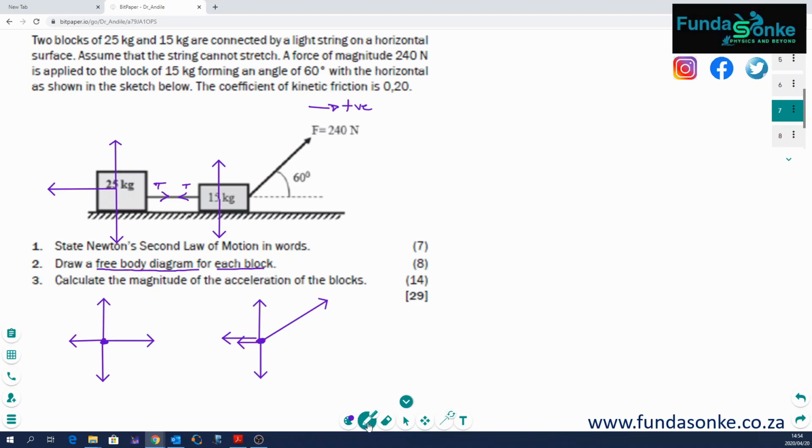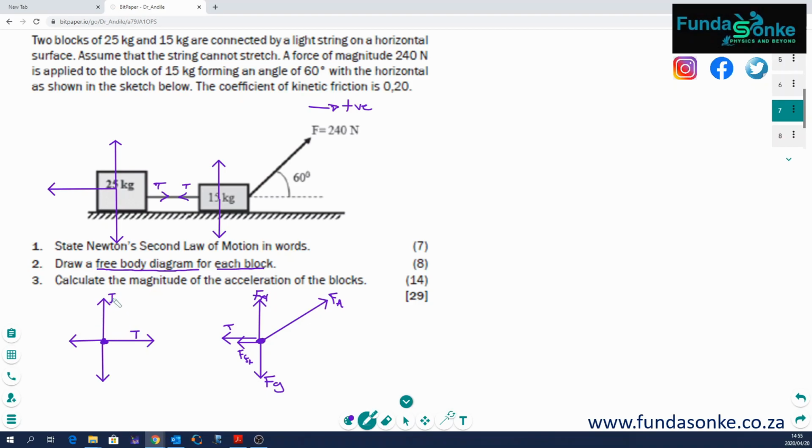So now we can label the forces. This is the force applied. This will be the normal force, Fn. This is Fg. Then this will be our tension. Then this will be our frictional force F with a k, because this is kinetic friction, like that. Then here to the right, we'll have our tension.